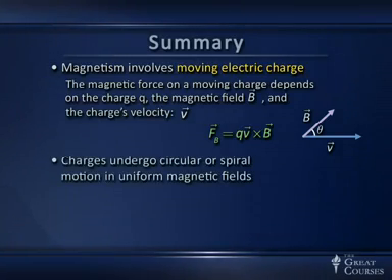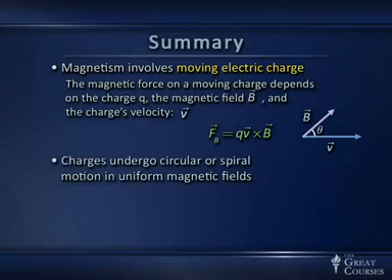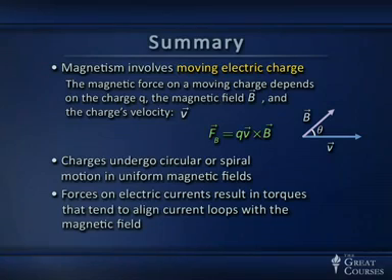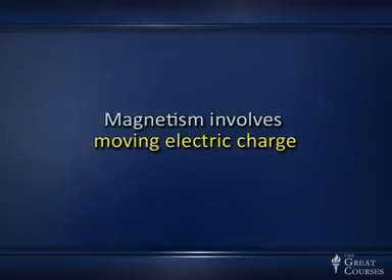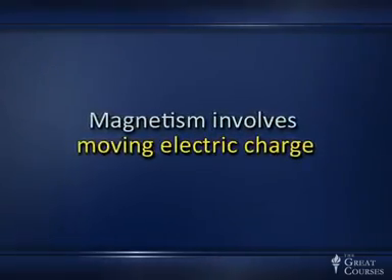Charges undergo circular, or if they're moving in 3 dimensions, spiral motion in uniform magnetic fields. The forces on electric currents result in torques that tend to align current loops with magnetic fields, and that's what gives rise to electric motors. So that's a mouthful about magnetism, but the big idea is magnetism involves moving electric charge.